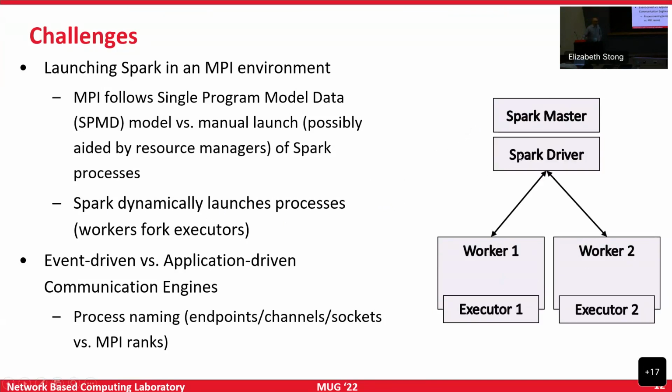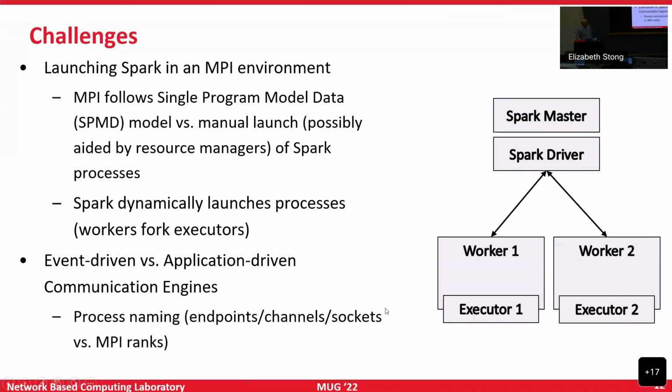A Spark driver process is initiated, and the driver contacts the workers to launch the executors. This is basically just a simple fork: worker 1 forks executor 1, and worker 2 forks executor 2. So the challenge for us, or Kenan to be specific, was how do we do this in MPI?